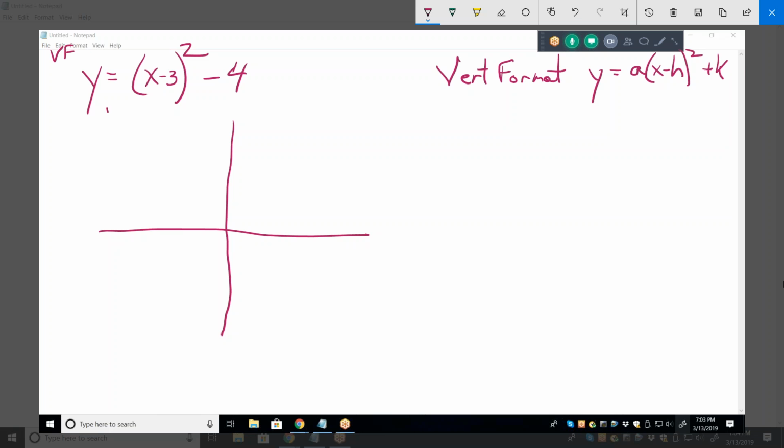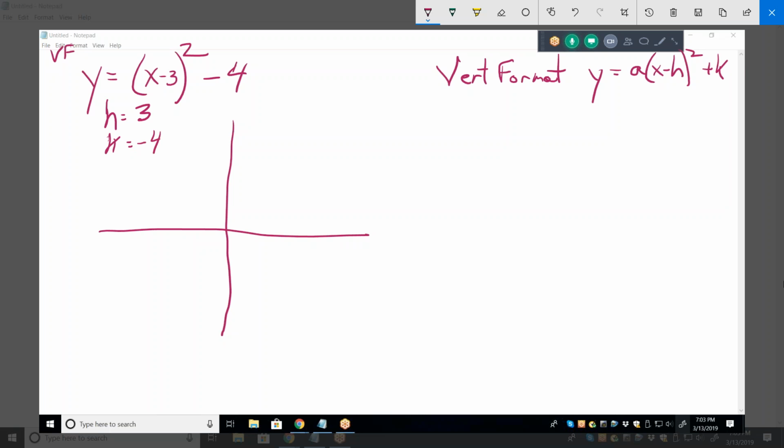What's h? h is positive 3, since this says x minus h. And what's k? k would be negative 4.